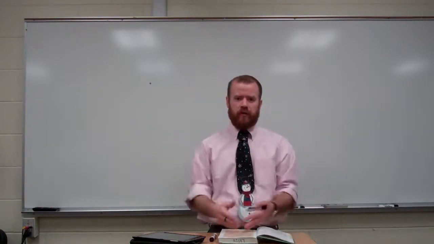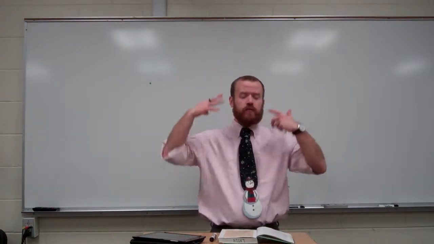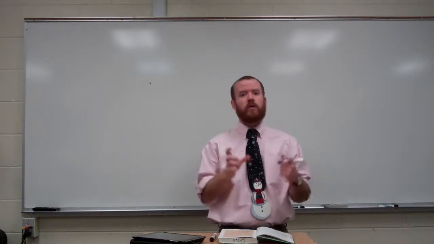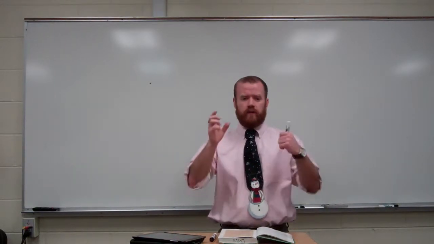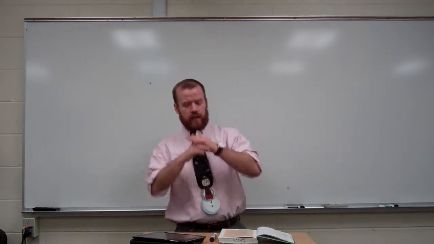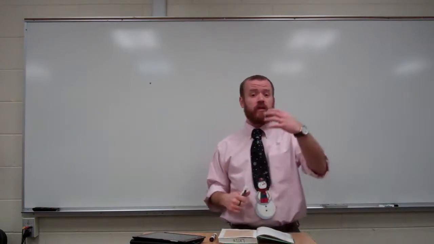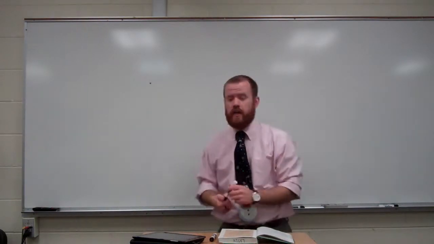Before we get into the perfect passive participle though, we need to remember what is a participle. A participle is just a verbal adjective. Alright? So it's a verb form that functions like an adjective in the sentence, in its most basic definition. And we've already learned one of these types of participles. We've learned the present active participle, alright?